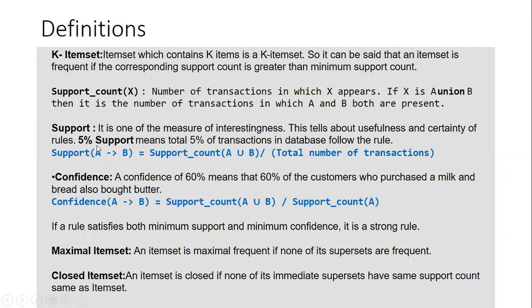If this is the rule, A tends to B, where A is the antecedent and B is the consequent, then if a customer purchases A, there is a chance that the customer also purchases B. So the support is the support count of the item set A, B, whole divided by the total number of transactions.